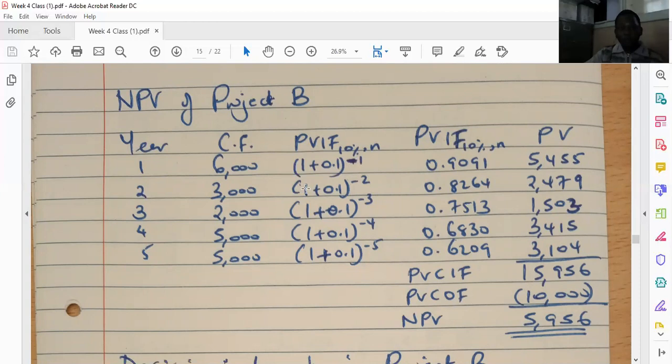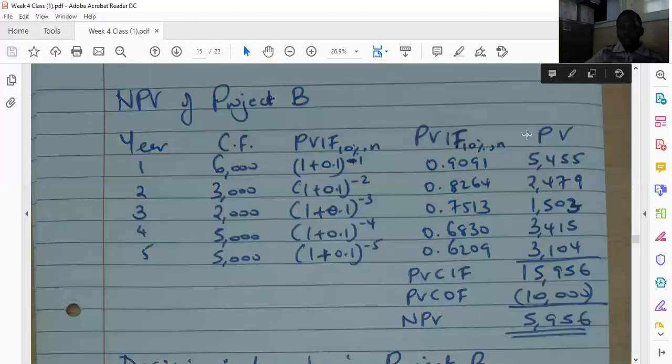For year 2 is 1.01 raised to the power of -2, for year 3 is 1.01 to the power of -3, for year 4 is 1.01 to the power of -4, and for year 5 is 1.01 to the power of -5. Once they are done, they'll be as follows. For year 1, 1.01 to the power of -1 is 0.901. The same case for year 5, 1.01 raised to the power of -5 is 0.6209.